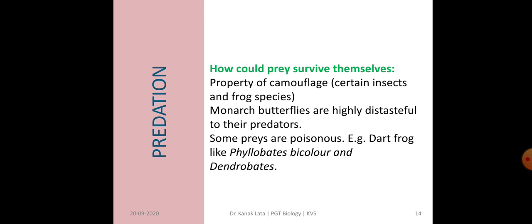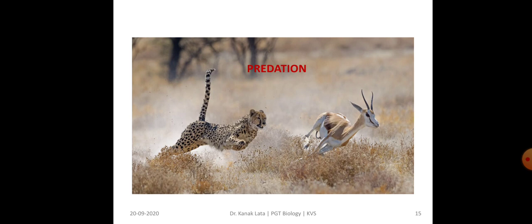Some prey are poisonous. Example, dart frogs like Phyllobates bicolor and Dendrobates. Here you can visualize predation. Here leopard is a predator and deer is a prey.